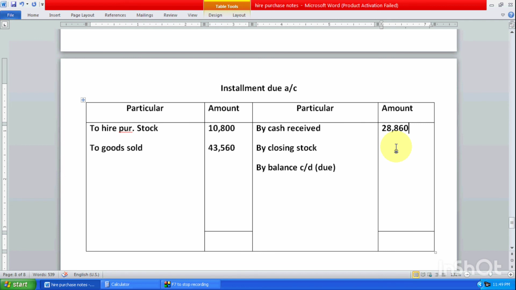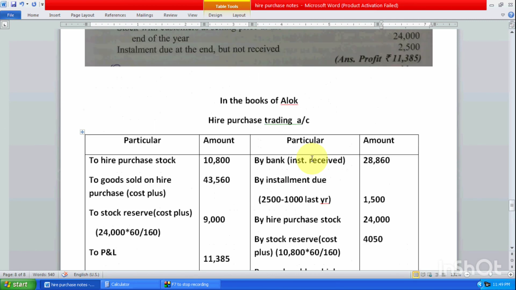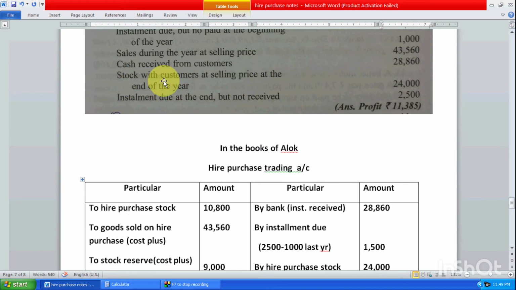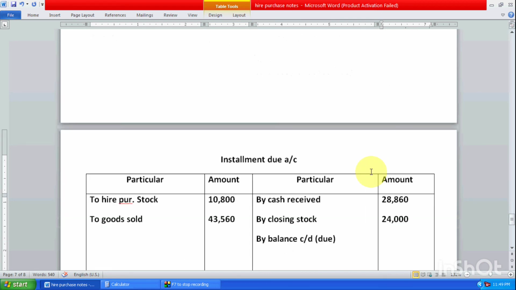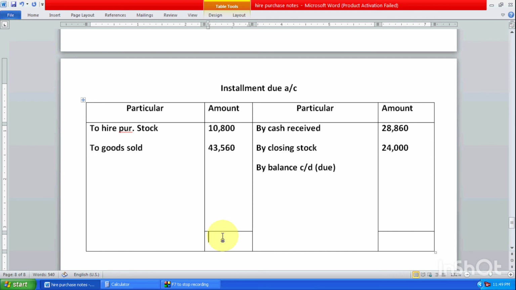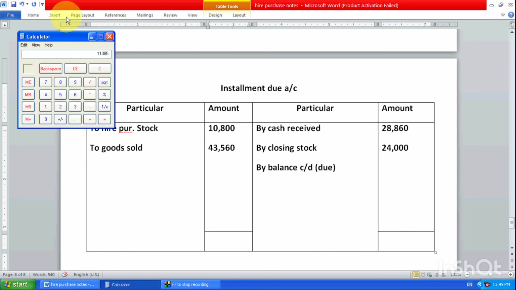Now write the closing. Closing stock we have, definitely 24,000. Stock with customer at selling price at the end of the year is 24,000. So now credit is income, debit is expenses.